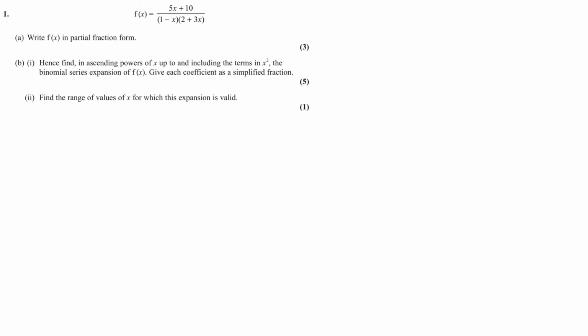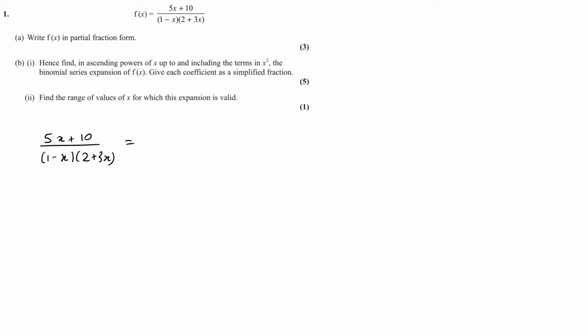Right, we're starting with this first question, which is a partial fractions. So, nice, easy start. Now you want to set your question up with the right kind of form.